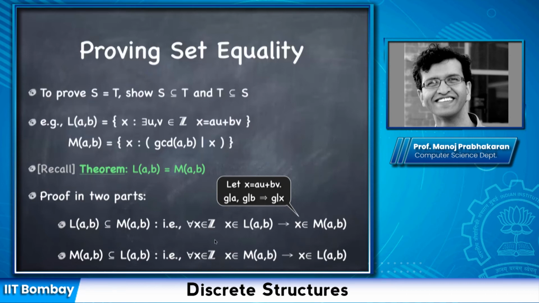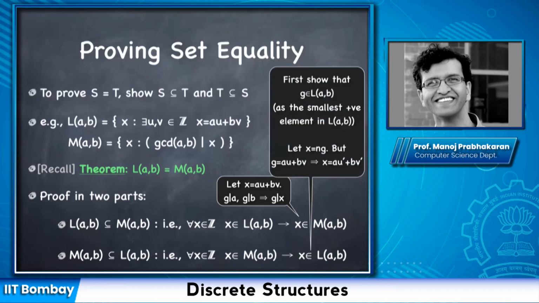The somewhat harder direction, which needed a little more clever argument, was to show that every element in M is actually an element in L. In fact, the hardest part of that was to show that the GCD itself is an element in L. That's the part which needed a little bit of argument.